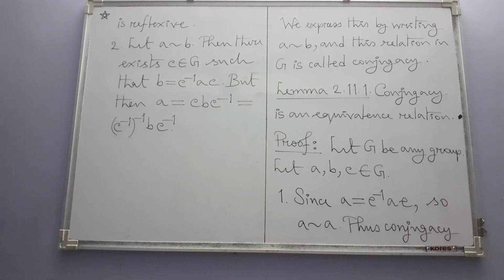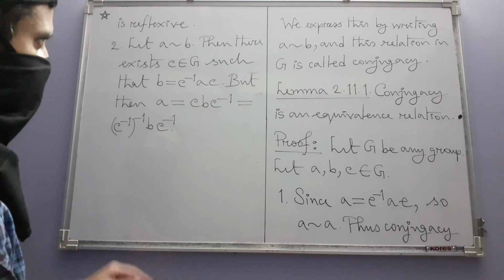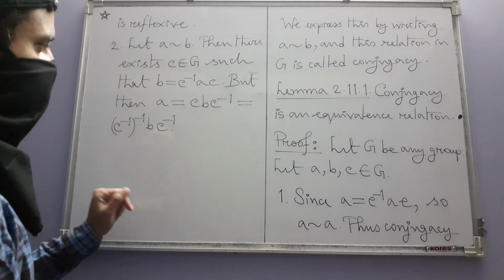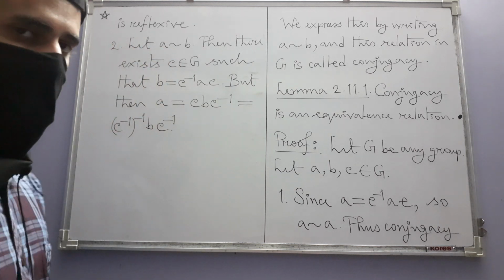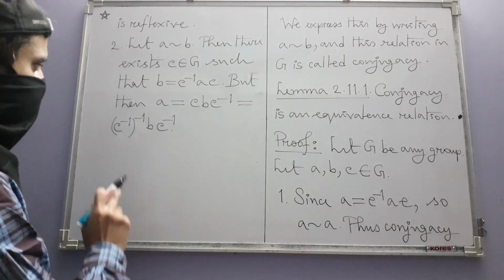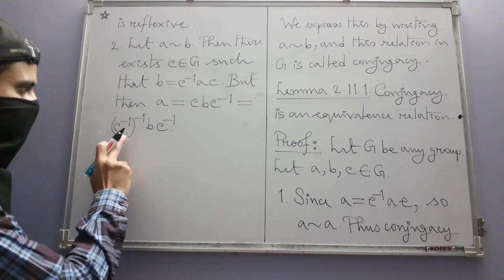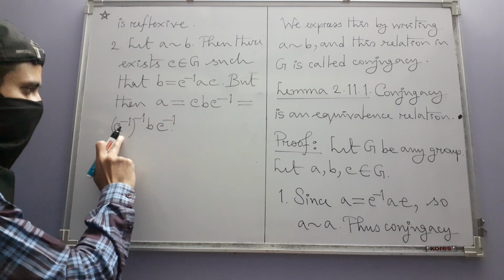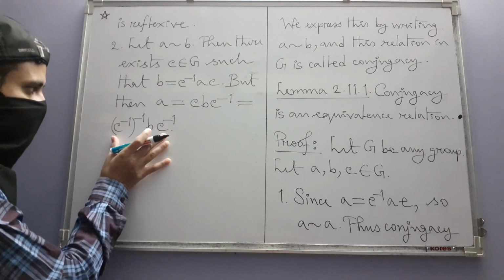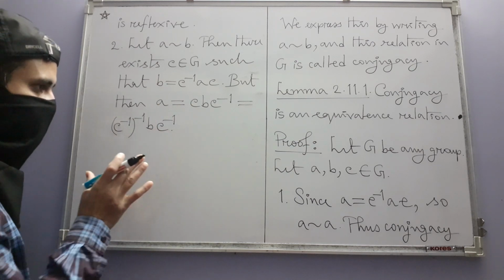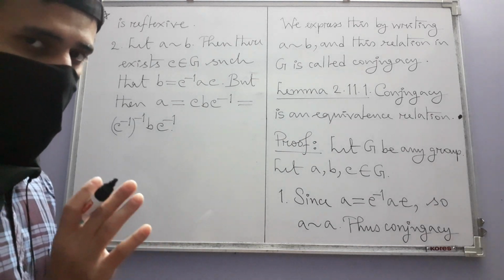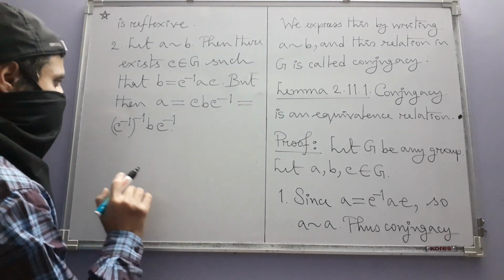Now this final equation tells us that just like B is a conjugate of A, A is also a conjugate of B. Note one thing carefully, that we had to write this in place of C in order to have the form that we have in the actual definition of conjugacy.